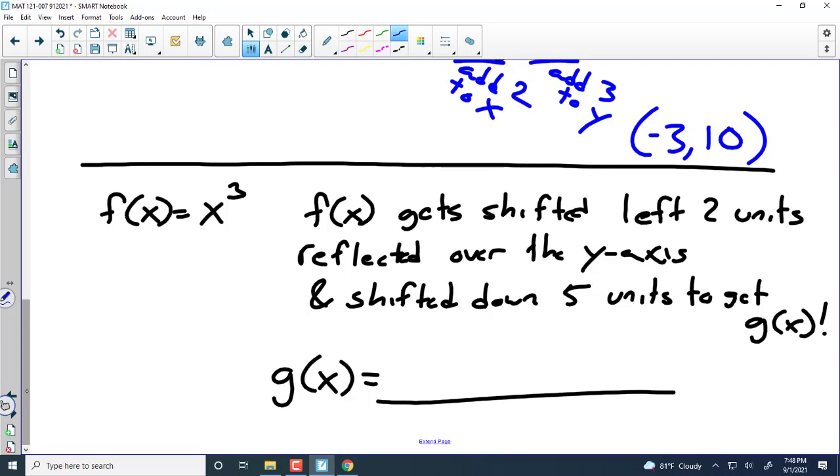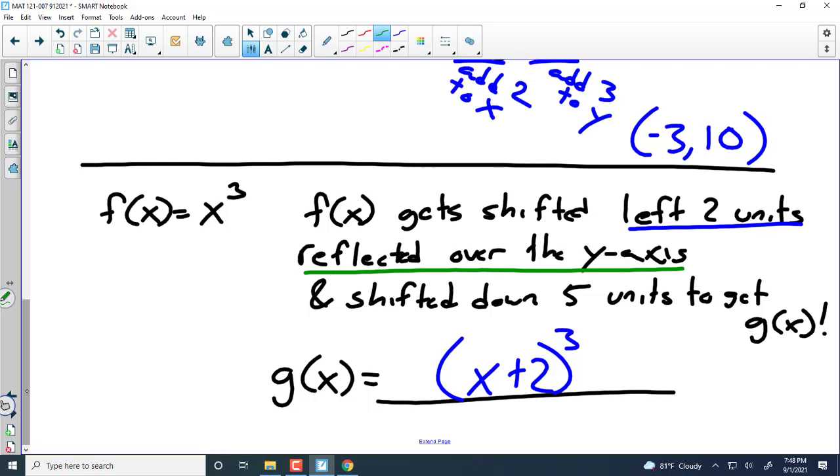So I start by doing this. The graph was shifted left 2 units. Do I know how to put a shift in of left 2 units? Is that a +2 or a -2? Where? Inside or outside? Inside. Got it. Reflected over the y-axis. This is tricky, everyone.